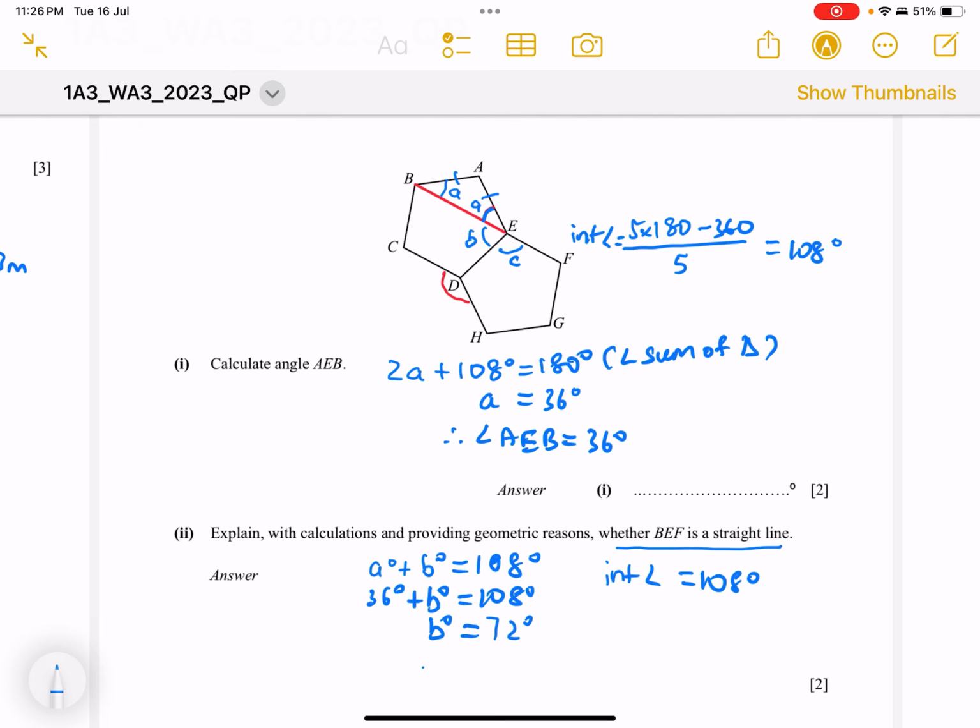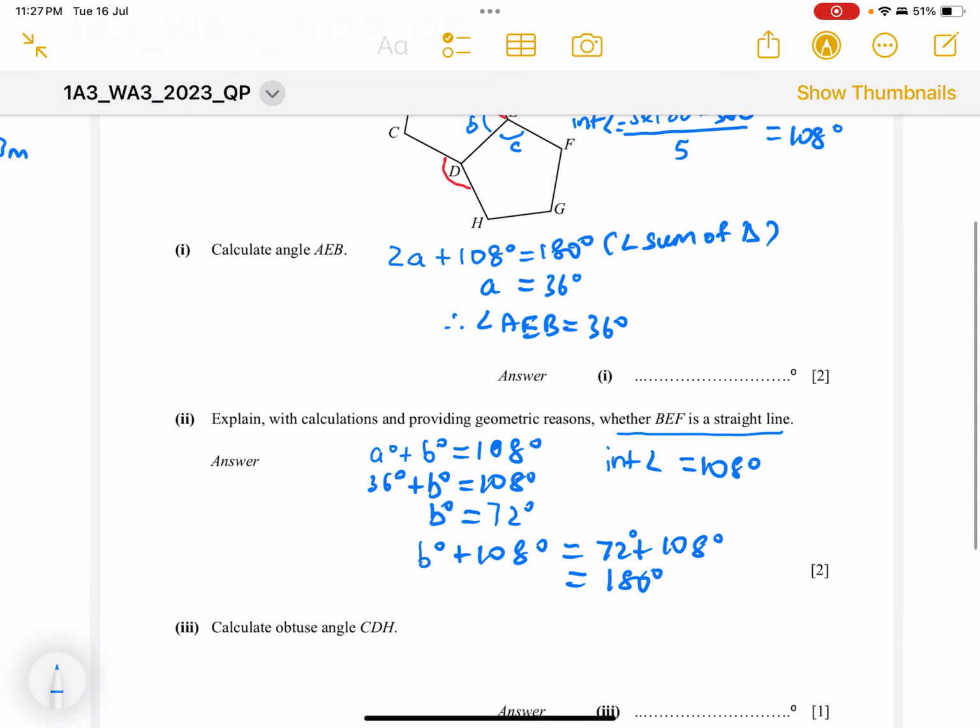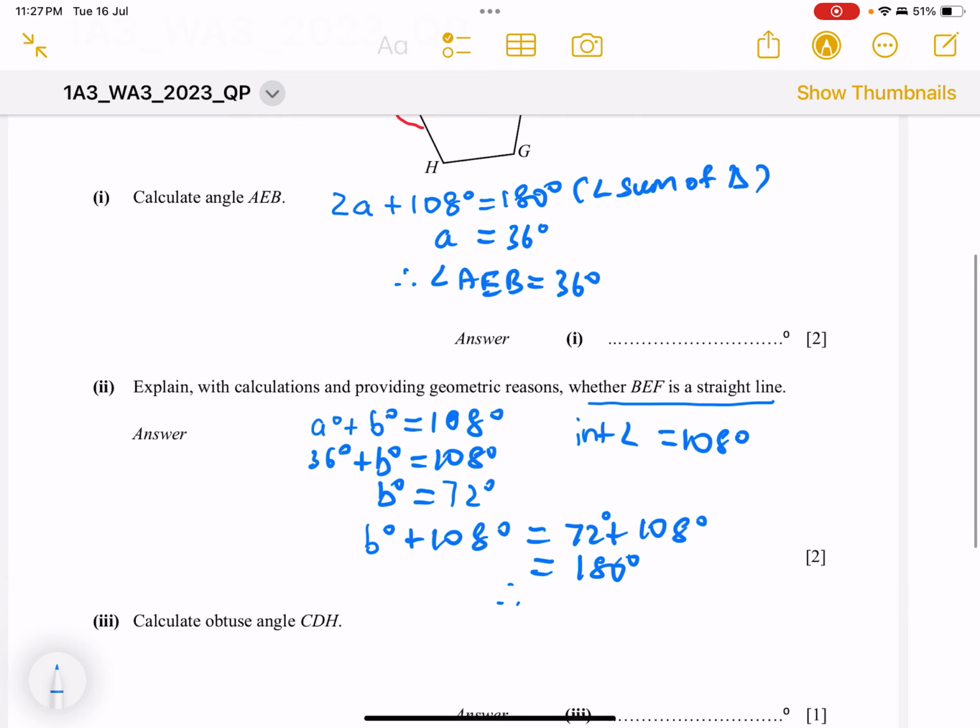So if we take B plus the interior angle, we have 72 plus 108, and that gives us 180. Therefore, BEF is a straight line.